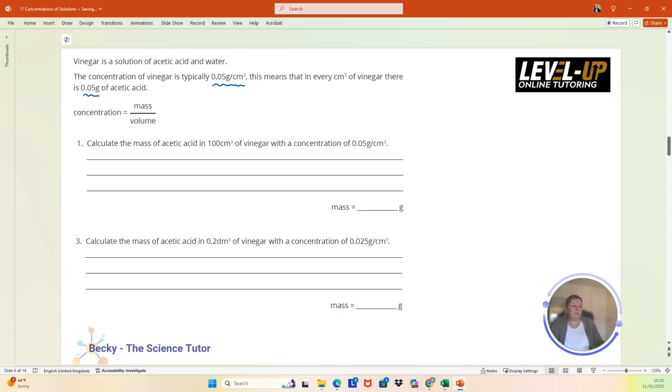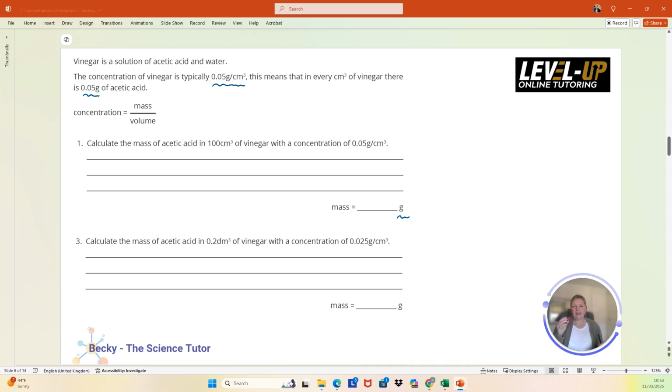Calculate the mass of acetic acid in 100 centimetres cubed of vinegar with the concentration of 0.05 grams per centimetre cubed. Now, yes, this is in grams per centimetre cubed, but if you look at our answer, it's wanting the answer in grams, and therefore we don't need to convert. As long as all your units match, then you can continue as it is.